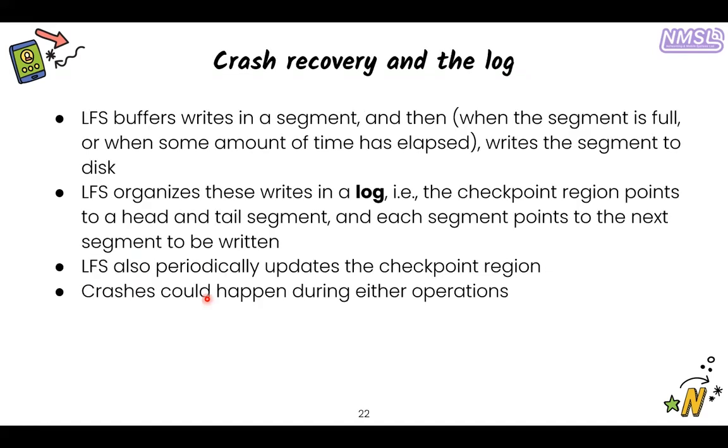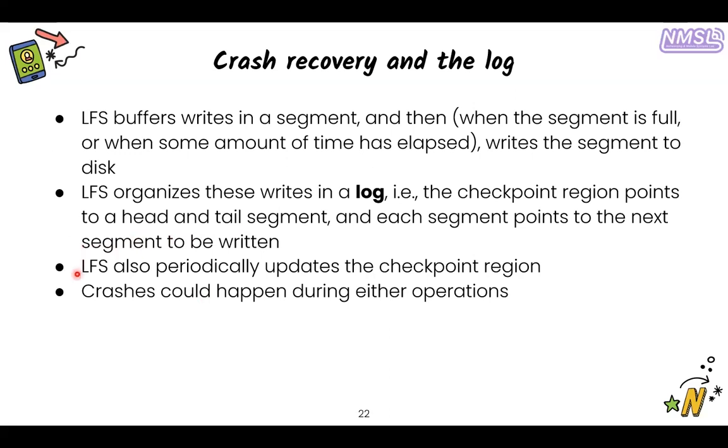All right. Let's talk about crash recovery. LFS buffers the writes into a segment and then writes the segment to disk. Now, LFS organizes these writes in a log, right? That's basically a buffering process. The checkpoint region points to a head and tail segment, and each segment points to the next segment to be written.